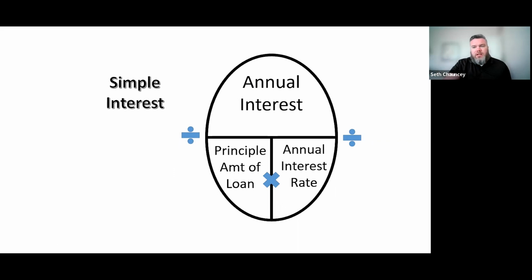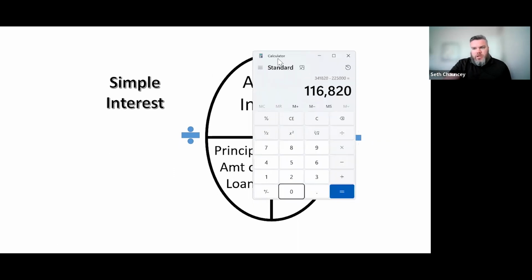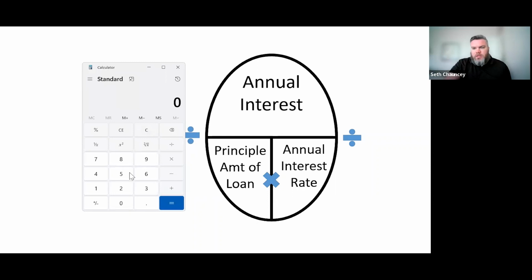So if you had annual interest of $8,900 and your rate was 4.25, if we didn't have the principal loan amount and it asks what's your loan amount, you're just working it backwards. 8,900 divided by 0.0425 would give us their loan amount, 209,000.